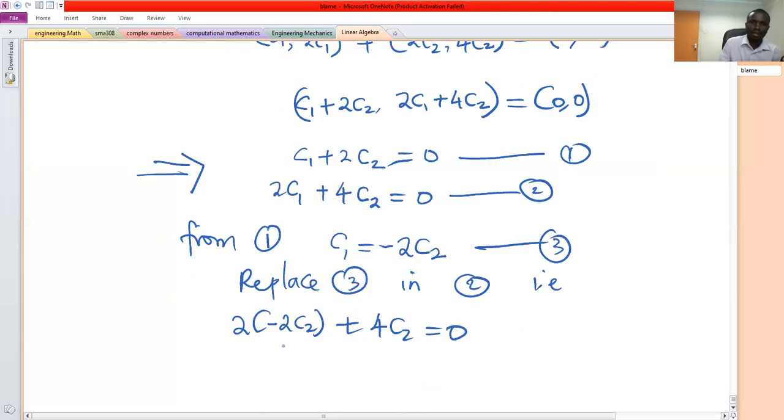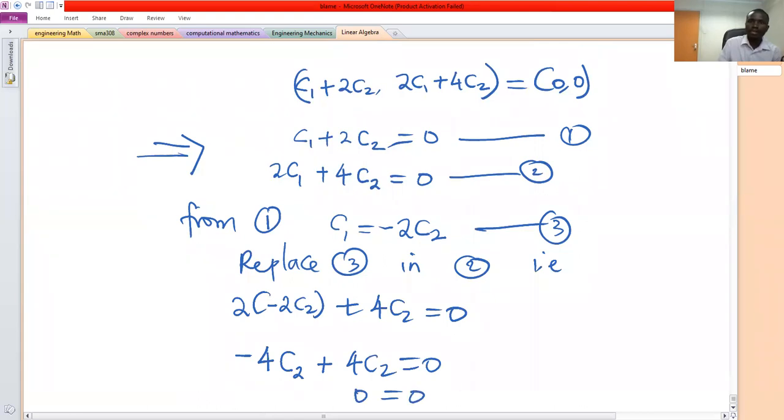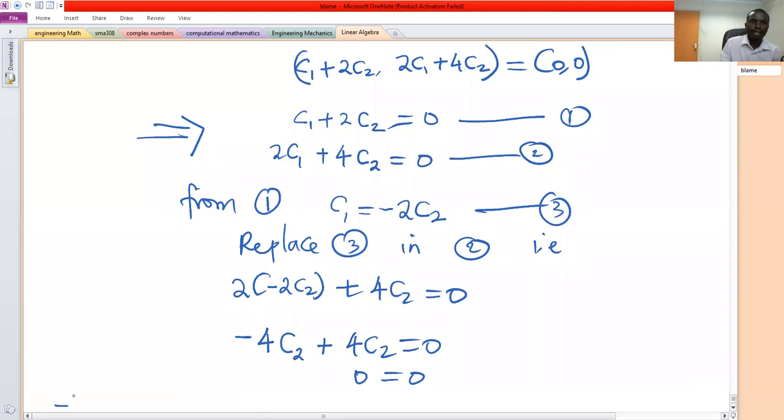So this will be minus 4C2 plus 4C2 equals 0. And you see 0 equals 0. So this makes sense, which means that C2 is free.